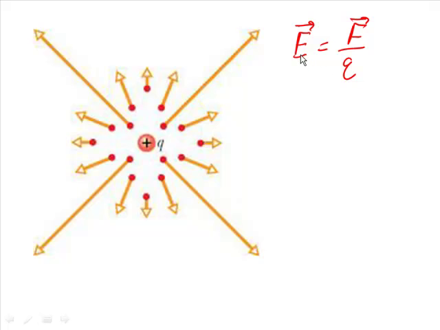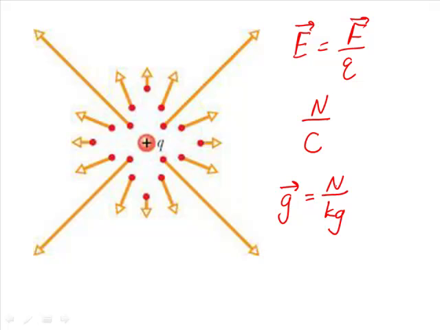Alright, so the electric field is the force per unit charge, and the units of that are generally, units of force are newtons, unit of charge are coulombs. So the units of electric field are newtons per coulomb. We could have done something very similar with gravitational field and said that its units were newtons per kilogram.